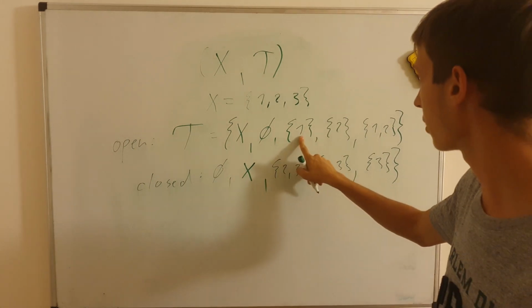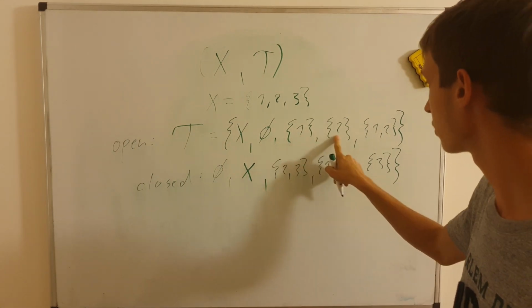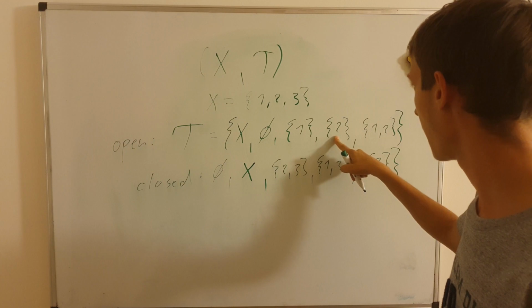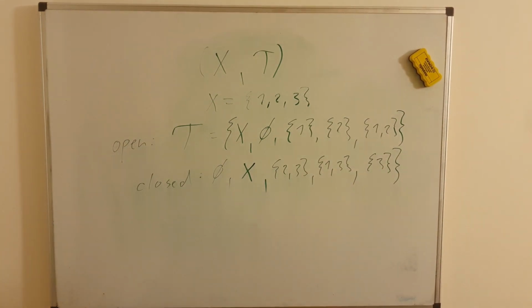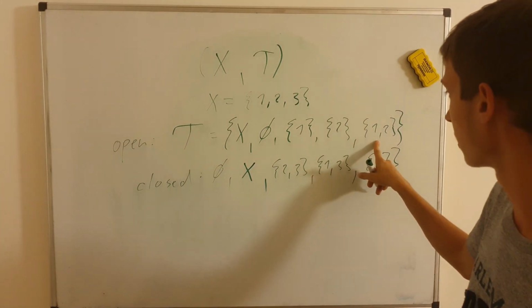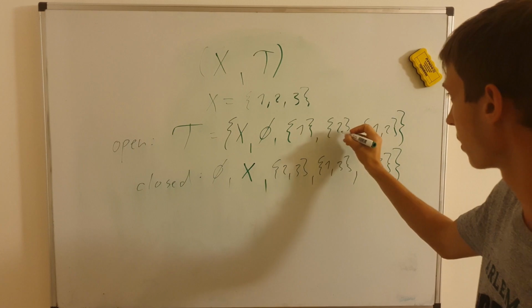Just to check it, the complement of this in X is {2, 3}, this is {1, 3}, and this is {3}. And the complement of this is {3}, and the complement of this is {1, 3}.